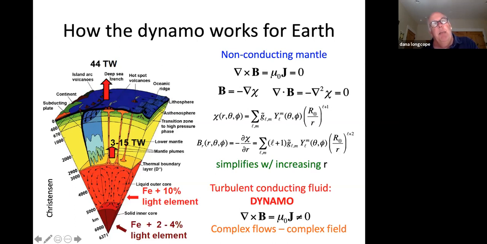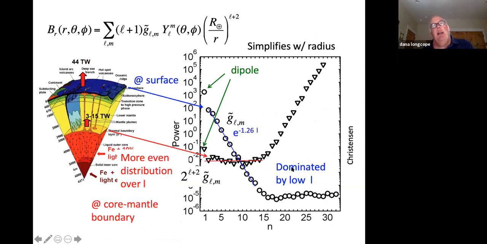And then at the mantle and the surface, we see the multipole expansion of that. Okay, so we see a very simple magnetic field. In fact, if you look at the power in each of those L's, the dipole, the quadrupole, the hexadecapole, etc., if you look at the value, you see that on the surface the dipole is a dominant component, and it may genuinely be dominant.